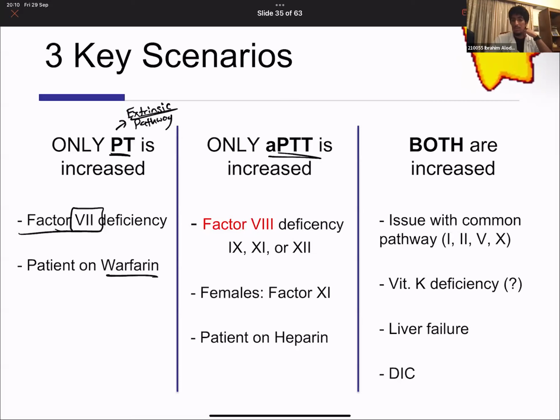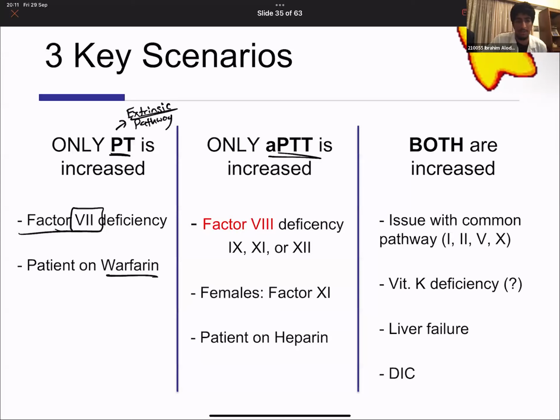What does warfarin do? Warfarin is an anticoagulant. I'm not going to get into the mechanism of action because it's too advanced for your level. But all you need to know is that if the question says the patient is on warfarin, think that their PT should be prolonged. The mechanism of action of warfarin you're going to talk about in third year when you take Hem-Onc again. Sidra, I'll get to your question. What about tissue factor?